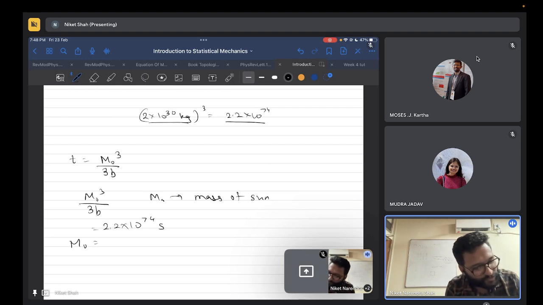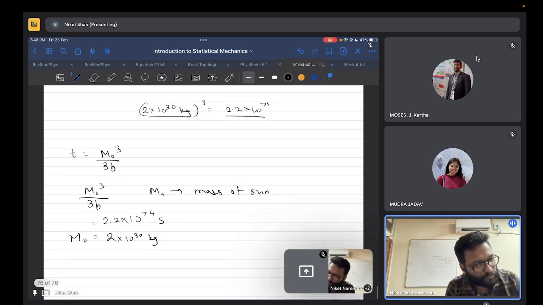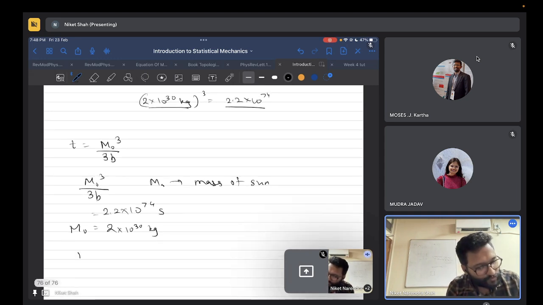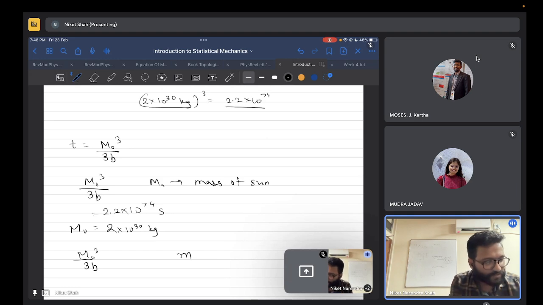The mass of the sun is basically 2 into 10 raised to the power of 30 kgs. So now what we can do is, I know the value of m0 cube by 3b.